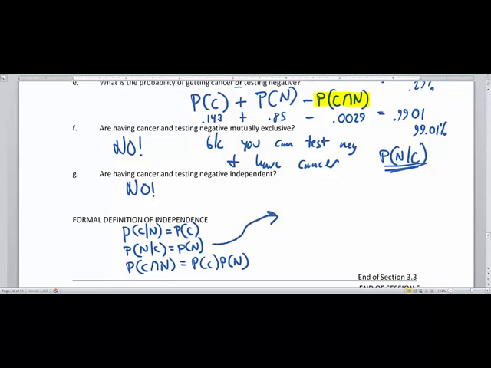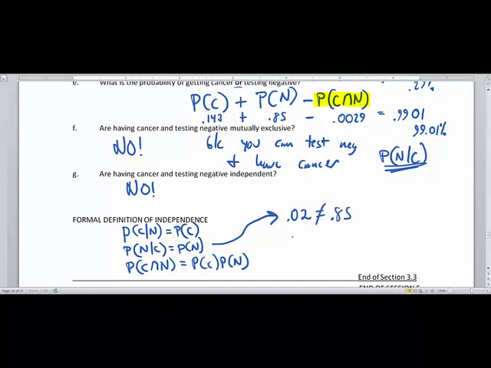But here's the thing. We've seen what the probability of N given C is: the probability of testing negative if you have cancer is 0.02, and the probability of testing negative is 0.85.